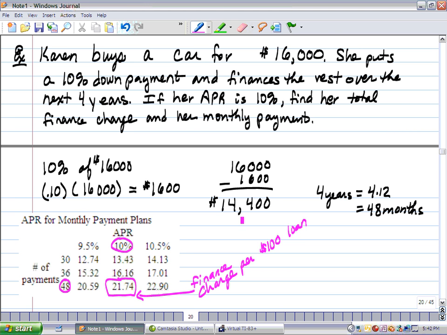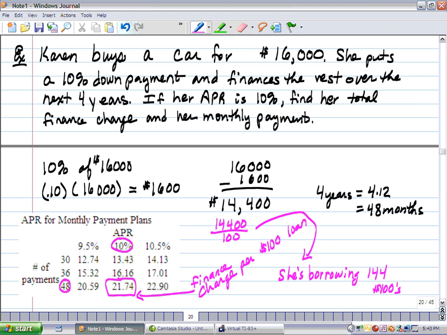Okay, so how many hundreds of dollars is she borrowing? She is borrowing 144 hundredths. So you're going to take the loan amount and divide by 100 to find that she's borrowing 144 hundreds. So if you can think of it as in, she's getting a bunch of $100 loans.